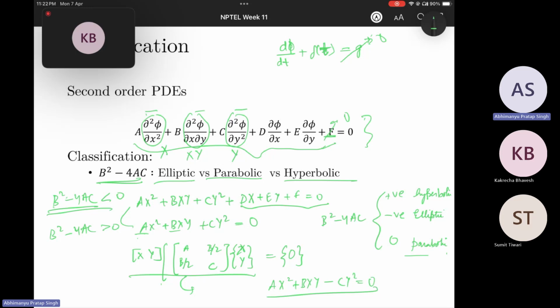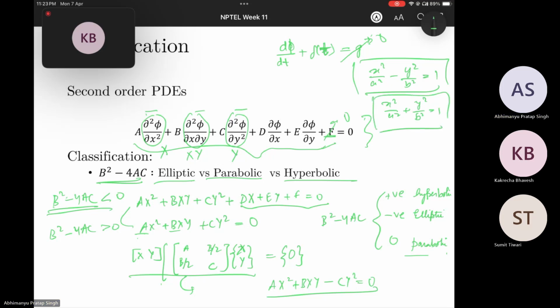This is your equation of a hyperbola: x square upon a square minus y square upon b square is equal to 1. And x square upon a square plus y square upon b square is equal to 1 is your ellipse. So if this is less than 0, that means both a and c are positive and b square is less than 4ac, and we can simplify this equation to something like this. So it becomes an elliptic PDE.